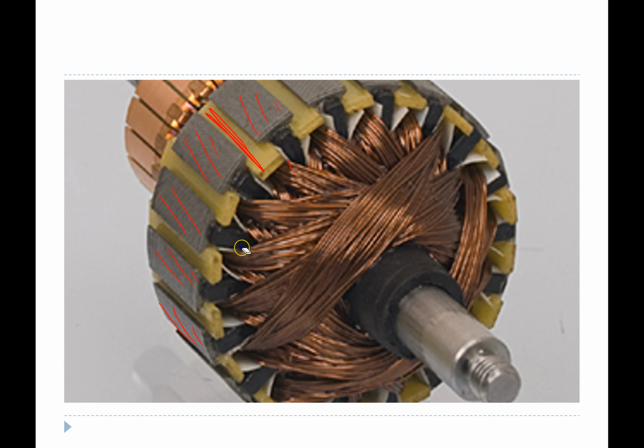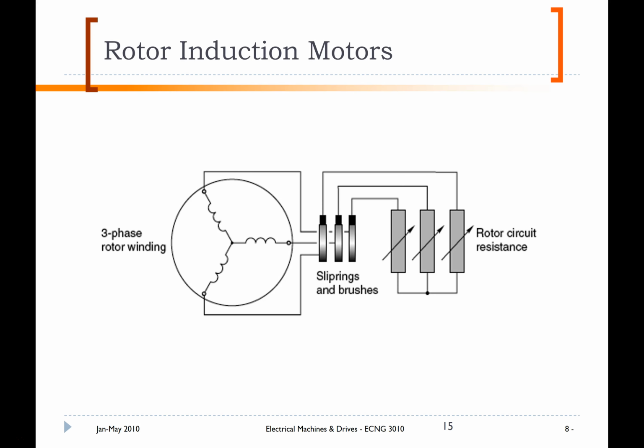With the wound rotor, however, we have the windings, and since these windings are all separate, we could connect them in star and delta and whatever we want. We could also short them all together, just like a squirrel cage. But one of the advantages is that we could connect them in typical three-phase arrangements.